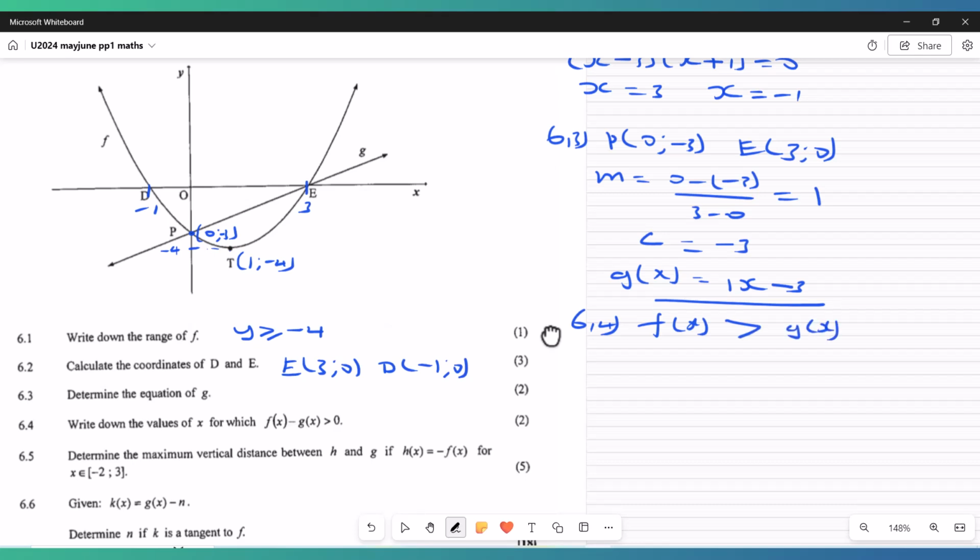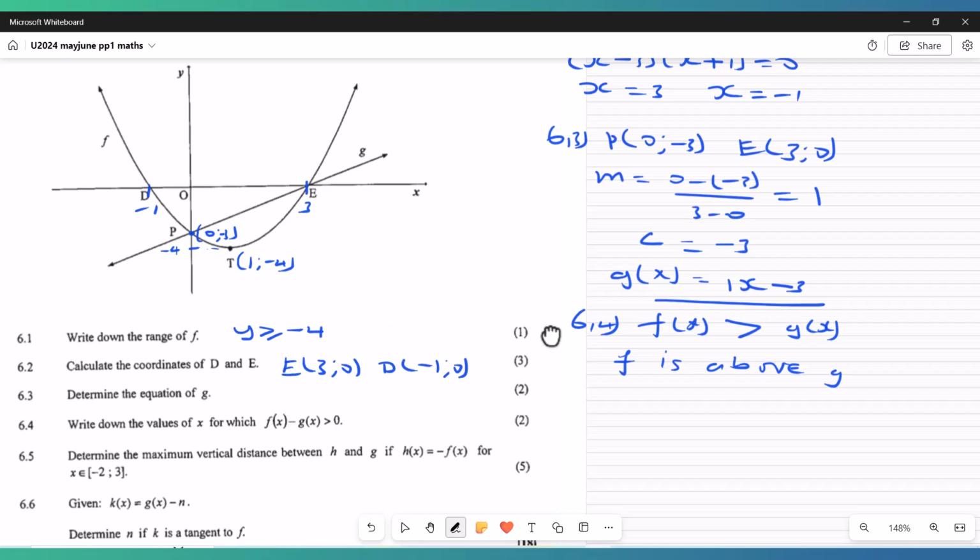So now if we say that f of x is greater than g of x, this statement means to us that our function f is above g. So we're going to check the x values where the function f is above g. That's all we need. Okay.